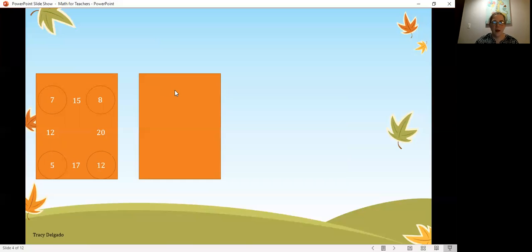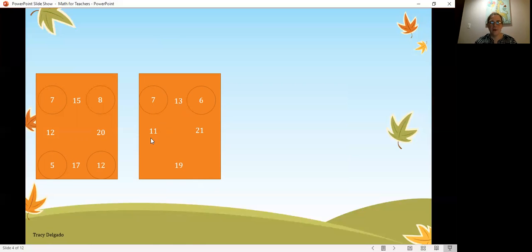The next one, our first numbers given were 13, 6, 11, 21, and 19. And this one we'll do the same way. We could do 6 plus blank equals 13, or 13 minus 6, and that would give us 7.